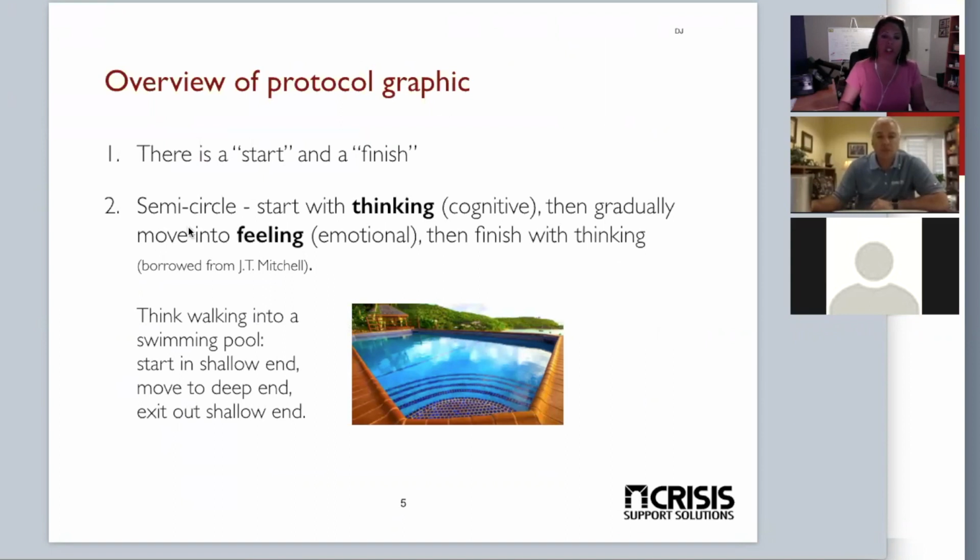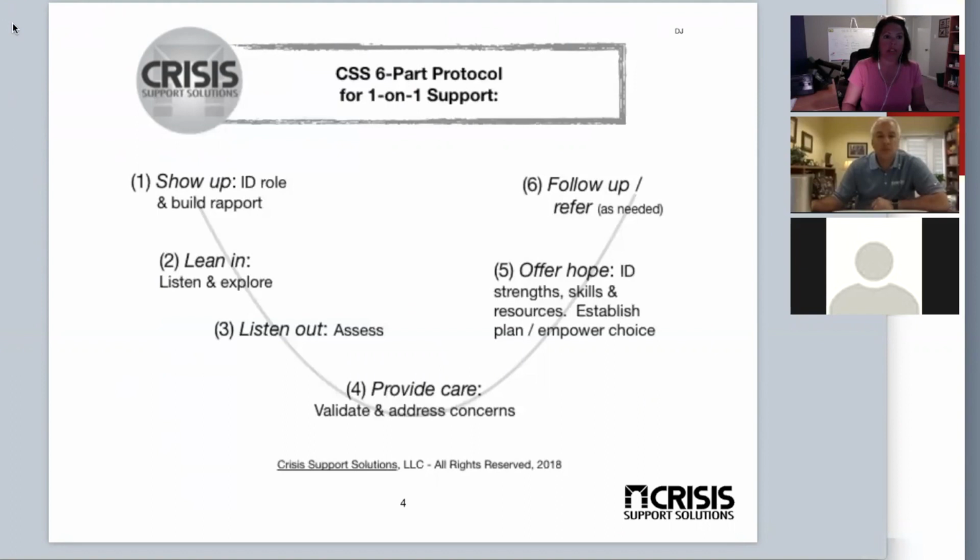The other thing I want you to notice is the semicircle of this, which I'm borrowing from Dr. Jeffrey T. Mitchell. What I want you to notice is what I just drew: it goes down and then it comes right back up. Think about a swimming pool. I know I jump in the swimming pool straight to the deep end. But instead, let's take a look at it from the shallow end.